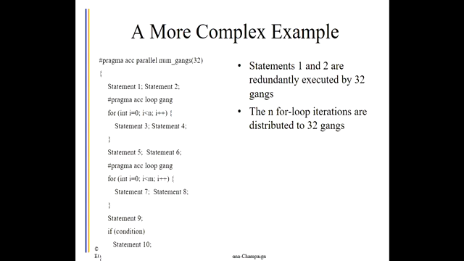We come back out to statements 5 and 6, they will be redundantly executed, right? And then you see another OpenACC GAN loop, so that will be distributed. But if it did not have that OpenACC loop GAN, that second loop would be redundantly executed by all the GANs. Okay, so once you understand this, it's very straightforward.